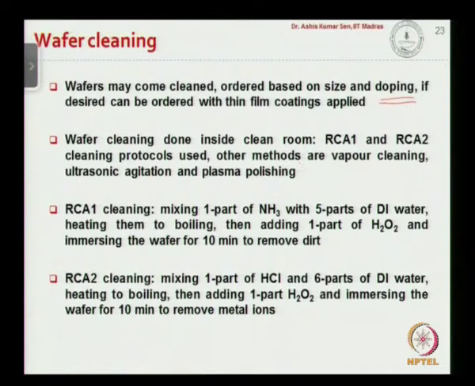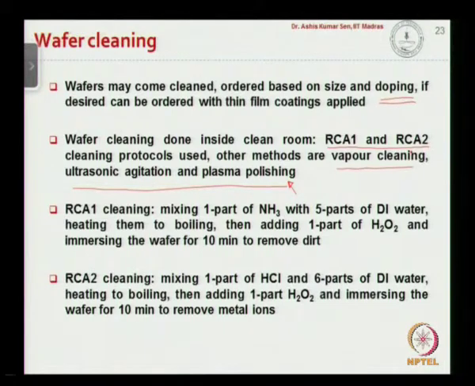Typically there are different procedures available to clean wafers. RCA1 and RCA2 cleaning protocols are widely used, and there are other methods like ultrasonic agitation and plasma polishing, which is a dry cleaning procedure.